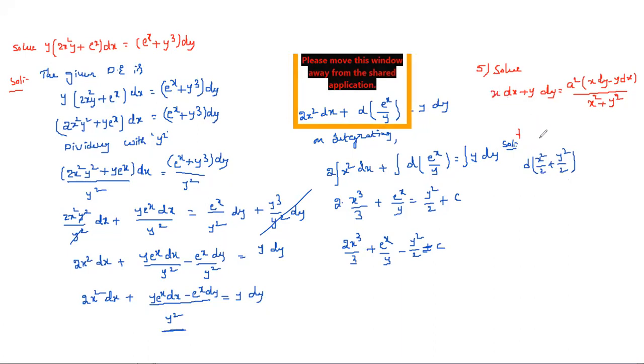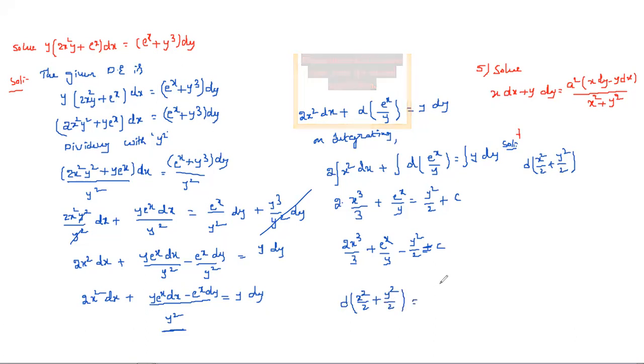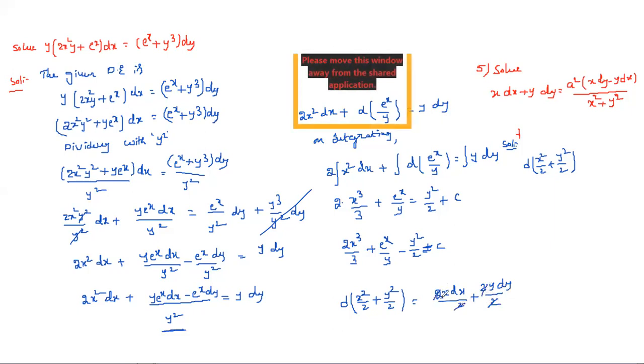So applying the derivative, the derivative of x² by 2 plus y² by 2 is 2x dx by 2 plus 2y dy by 2. Here the 2s will cancel, then x dx plus y dy, right? Same as that one: x dx plus y dy equals the derivative of this one.